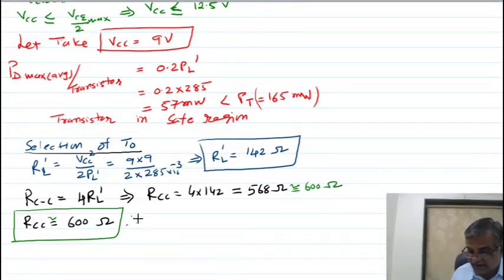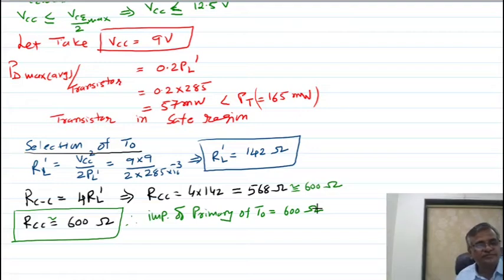So I can write the impedance of the primary of the output transformer should be of the order of 600 ohm. I will select the output transformer. So I am doing like this.